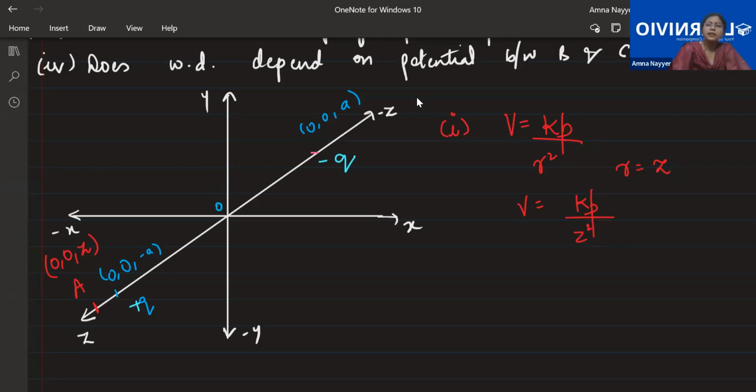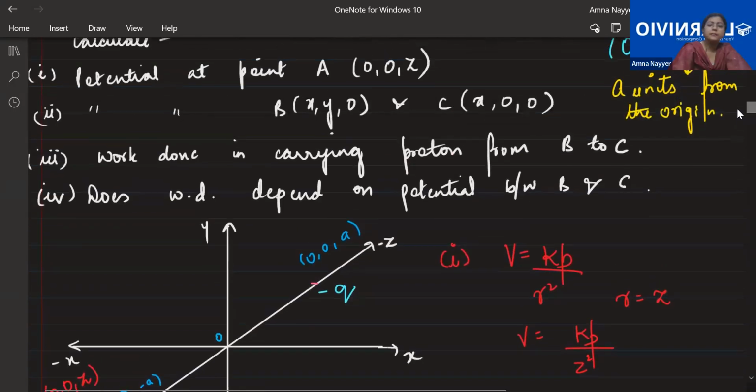Now let's come to the second part. This says the potential at a point B, which is (x, y, 0), means the X coordinate is there, the Y coordinate is there, but no Z coordinate. So somewhere in the XY plane, let's say somewhere here, this is your B point, which has some value from the X-axis, some value from the Y-axis, (x, y, 0).